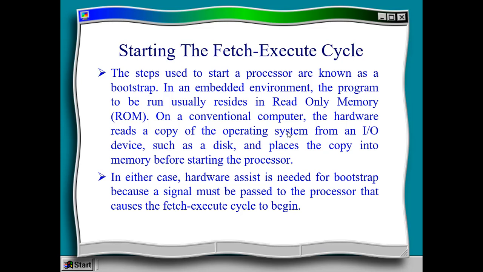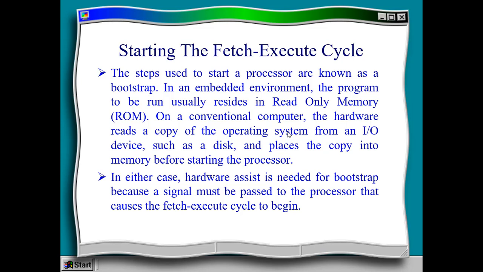The steps used to start a processor are known as the bootstrap. In an embedded environment, the program to be run usually resides in ROM, or read-only memory. On a conventional computer, the hardware reads a copy of the operating system from an input-output device. Hardware is needed for the bootstrap, because a signal must be passed to the processor that causes the fetch-execute cycle to begin.